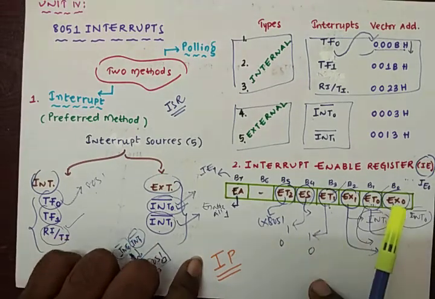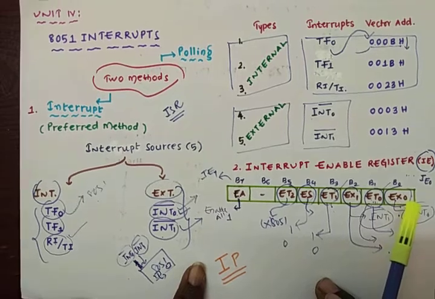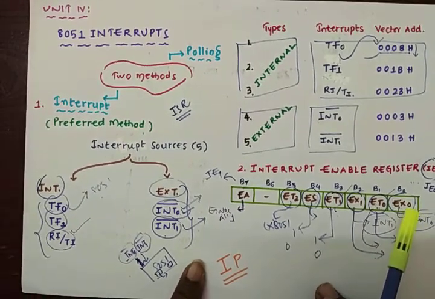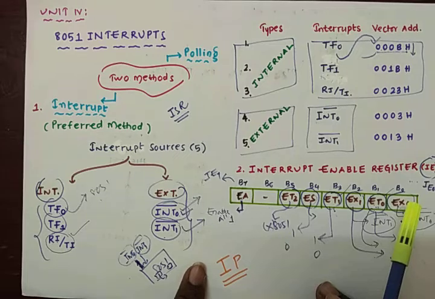In such cases, the 8051 is going to check their priority levels. By finding which interrupt has the more priority, it is going to serve that particular interrupt first. The interrupt which has more priority than the remaining 4 interrupts is served first.